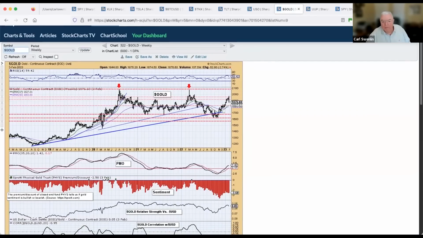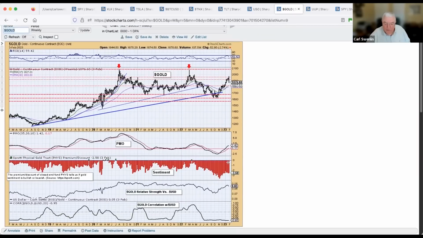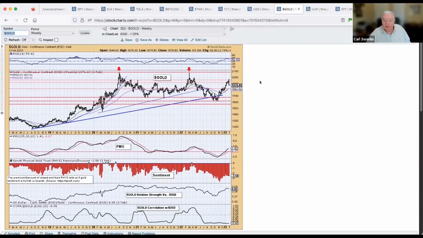So I think we're going to be seeing a little more out of this correction before it stops. I would hope it would get up here to challenge this, but no, it didn't make that high. So I don't like this. This weekly PMO is starting to roll over. Don't like that. It's not a good setup right now.